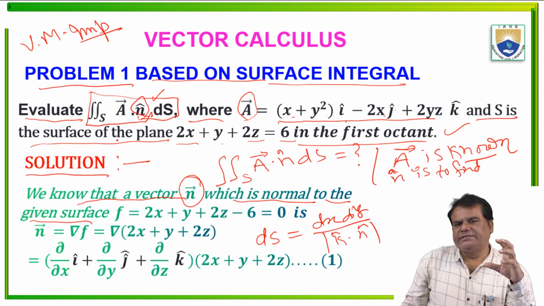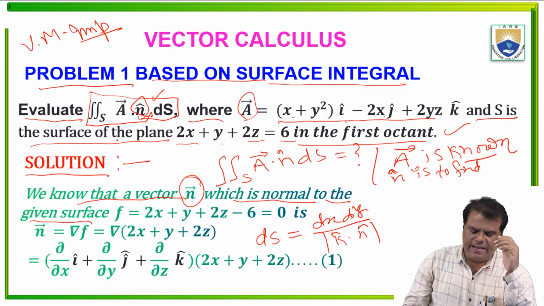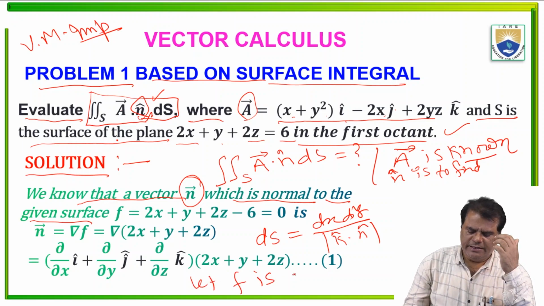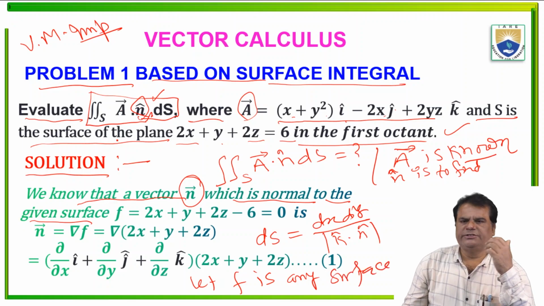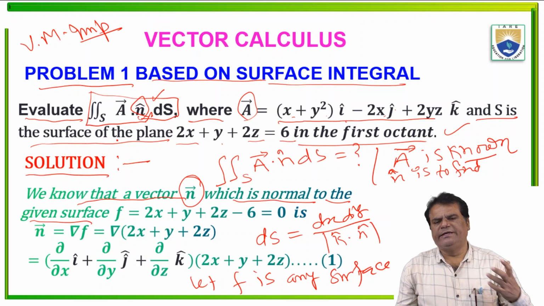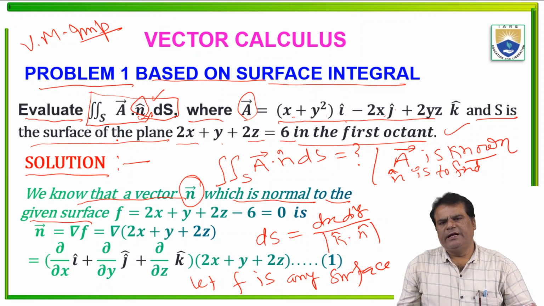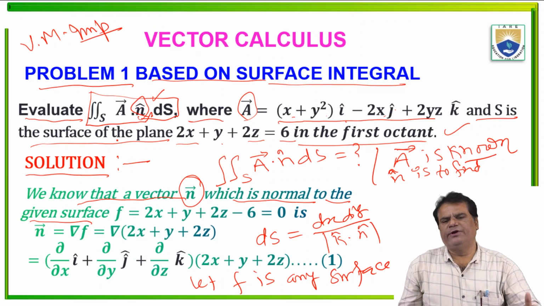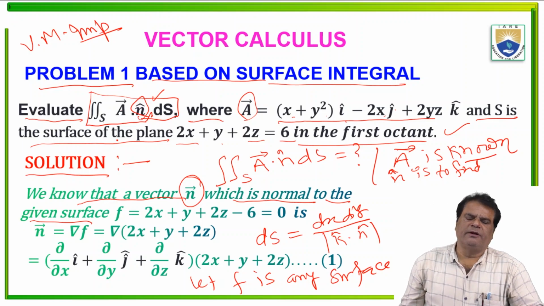If any surface is given, suppose the surface is given by f. Then del f is known as a normal vector to the given surface.